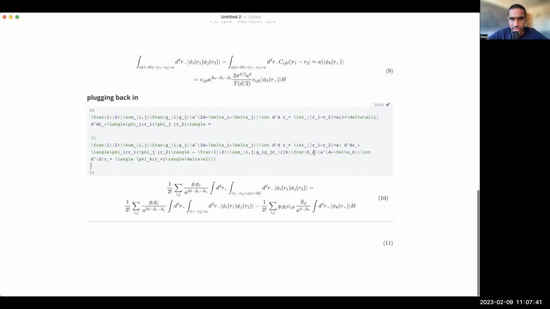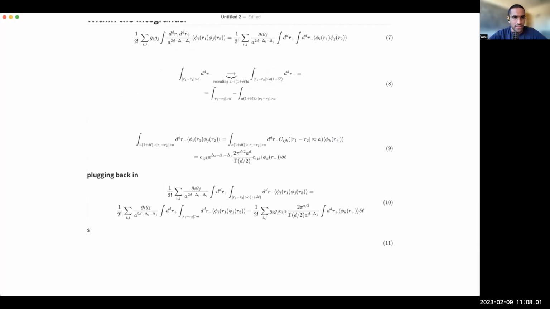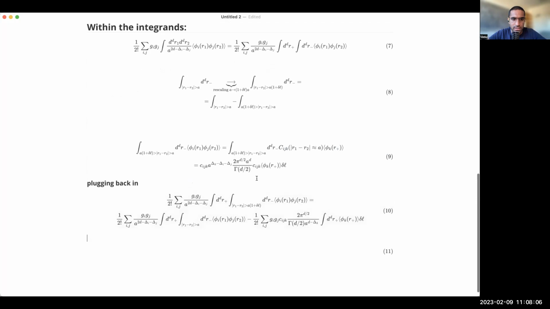Well, let me just write it out since I've taken the pains to write it out once. So it's 2 pi to the power p over 2 divided by gamma of p over 2. Great. So what's happened is that we can now take this in with the rest.